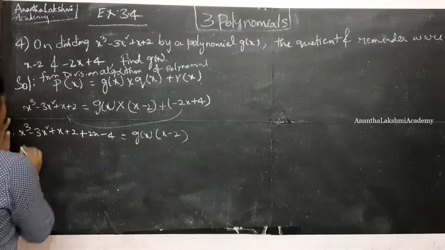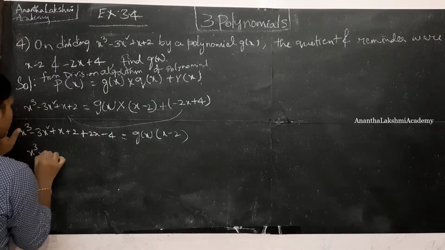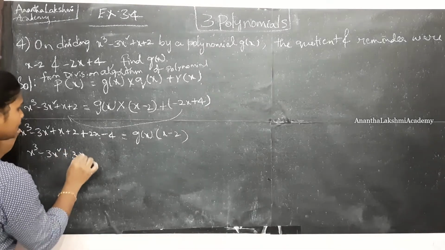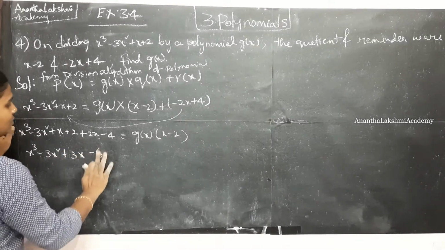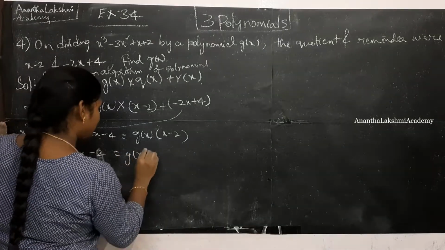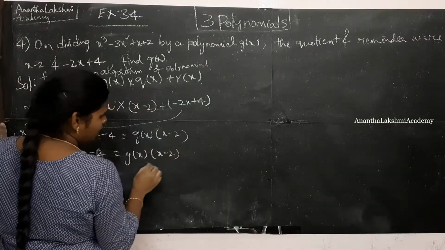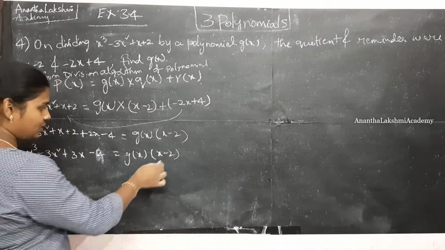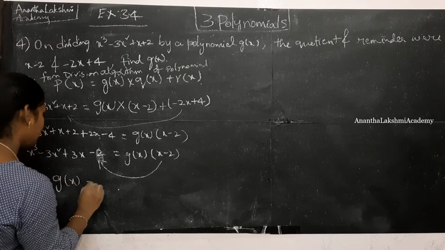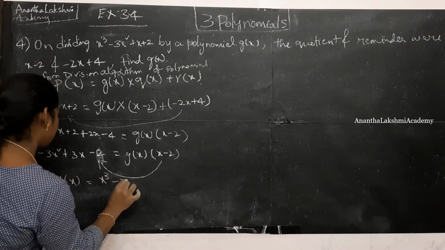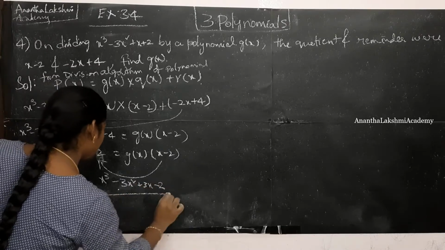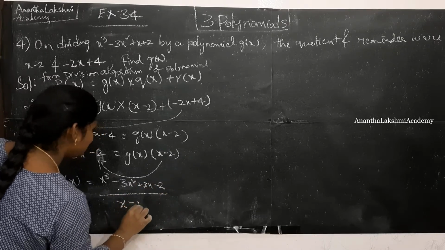Alright. Now let's do the simplification part. X cube minus 3x square plus x and plus 2x becomes plus 3x, plus 2 and minus 4 is minus 2, is equal to g of x multiplied with x minus 2. Now this multiplication x minus 2, I am going to send to the other side such that g of x becomes x cube minus 3x square plus 3x minus 2 by x minus 2.